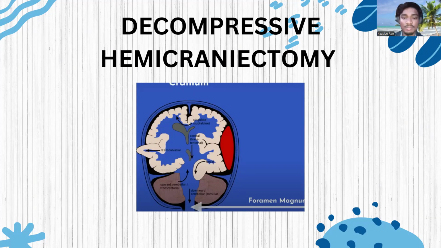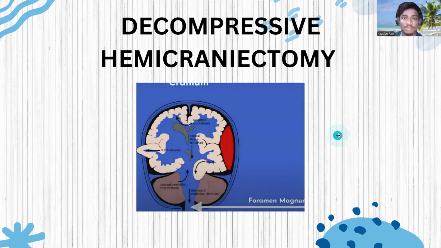When the brain is inflamed, it doesn't have a lot of empty space to swell into. So this will cause the cerebrum and all the parts of the brain to move downwards through the foramen magnum down the body. This could cause severe consequences if it's not treated as soon as possible.